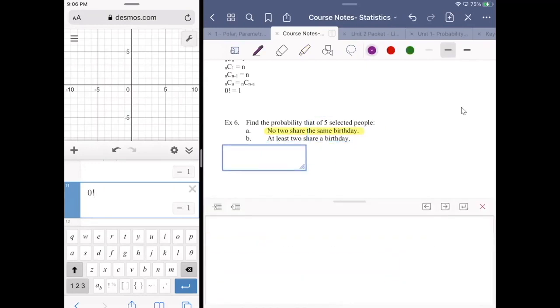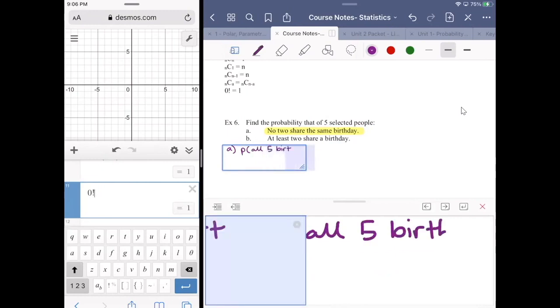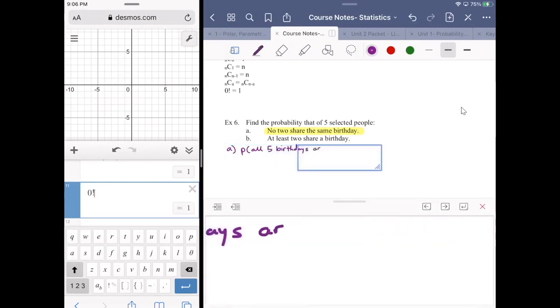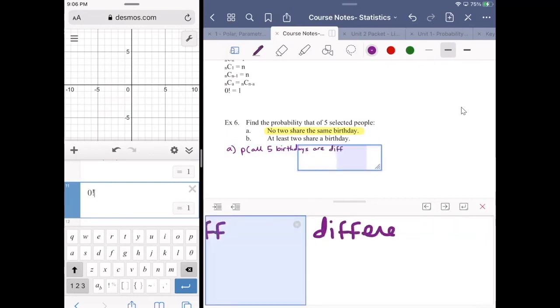So in A, they're really asking us the probability all 5 birthdays are different. Right?